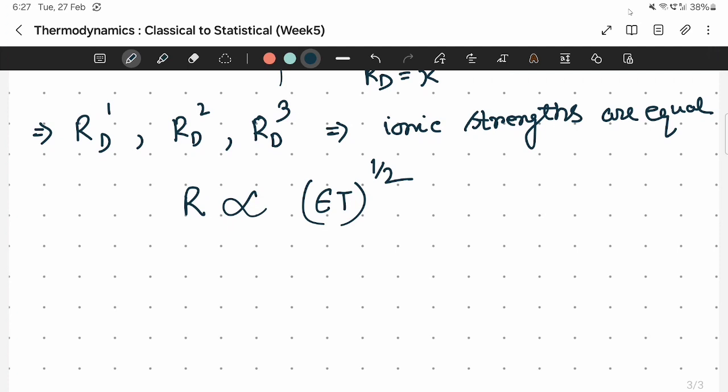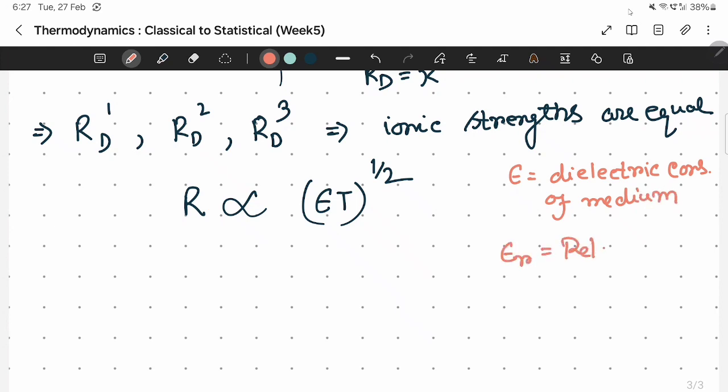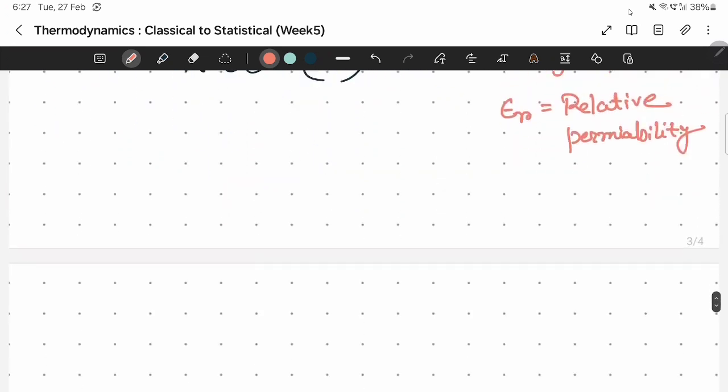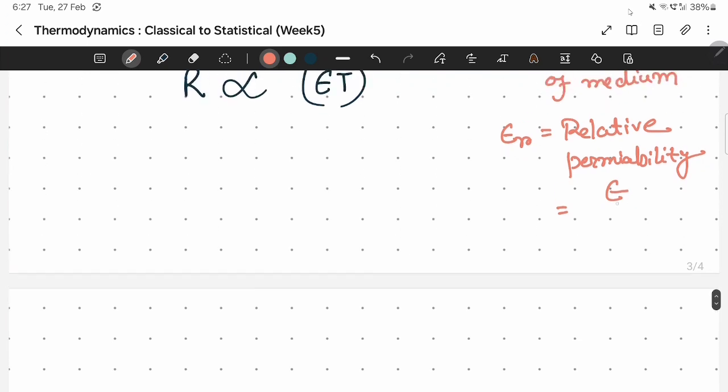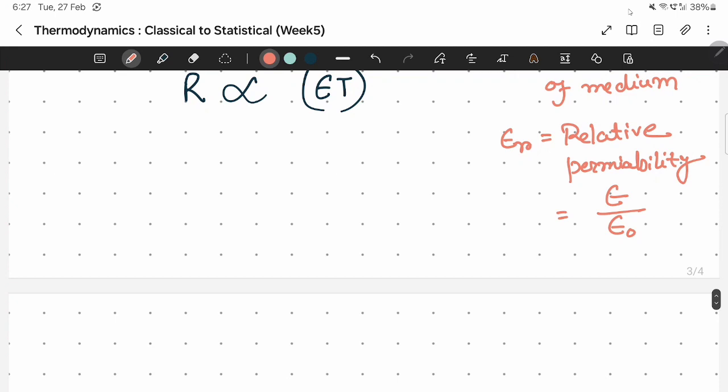Now what is epsilon? Epsilon is the permittivity of the medium. Epsilon R is the relative permittivity, defined as epsilon divided by epsilon naught, where epsilon naught is the permittivity in the vacuum.